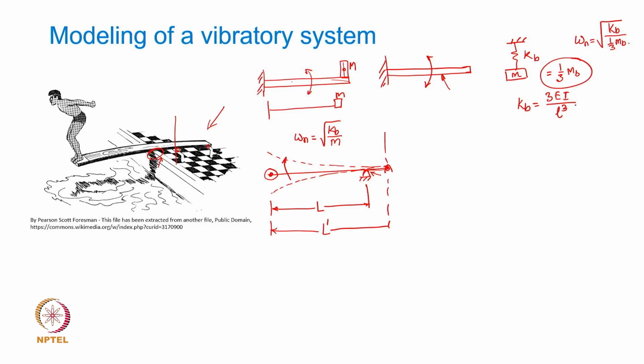This Kb is the stiffness that you can calculate, and you can see that it depends upon the length of the beam. So, the stiffness in one half of the oscillation is going to be different from the stiffness in the other half.